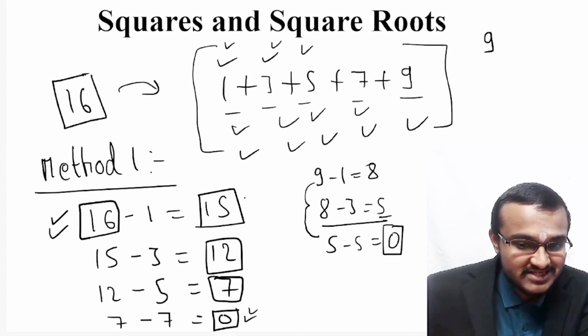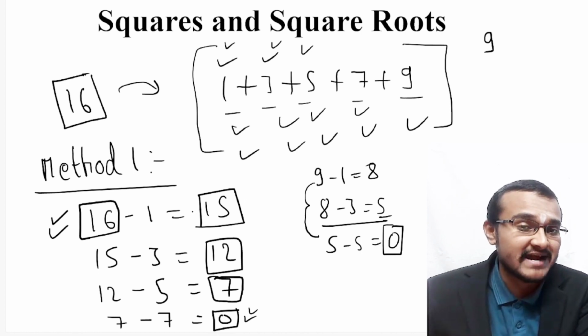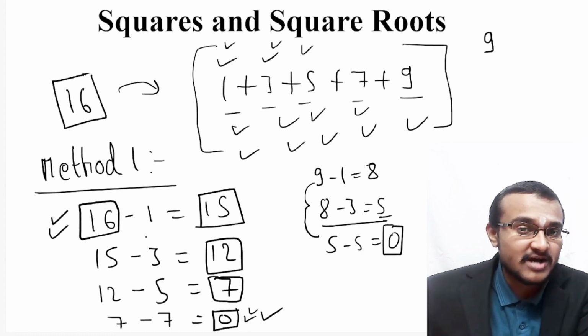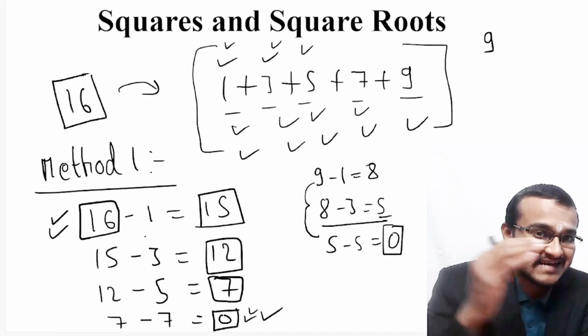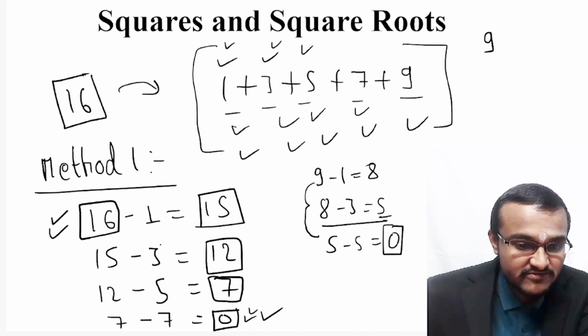You should just count how many consecutive odd natural numbers you have subtracted to get 0. List how many odd numbers you have used to make that 16 into 0. How many odd numbers have you used? 1, 2, 3, 4.